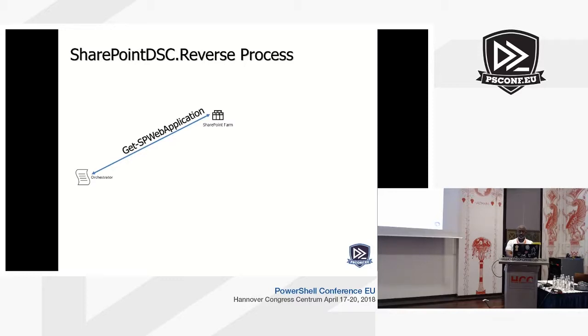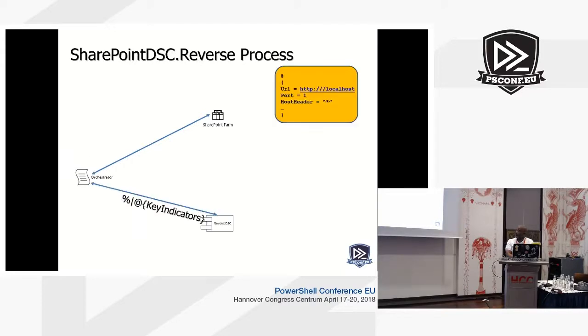If I do this, then I'm going to log that, and put that in my configuration for SPWebApplication. I'm going to get those key indicators, because SPFarm is a key indicator, and put that in my keys. Then I'm going to get the information about what my current configuration is.